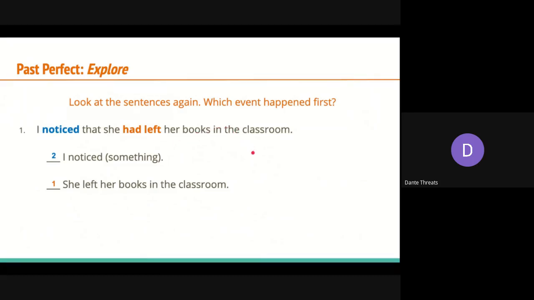Okay, meaning the she in this sentence had gone to that classroom sometime before, and she left her books there. And when he came in, he noticed that she had left her books. Okay, all right, moving on.